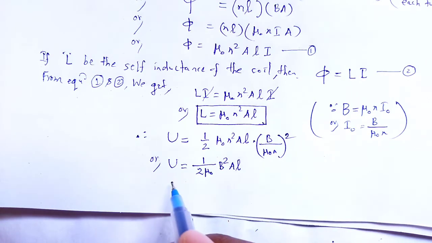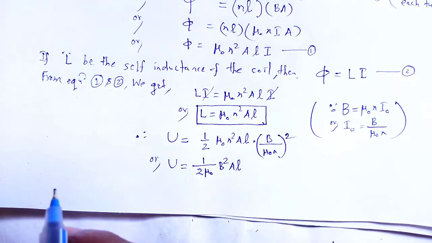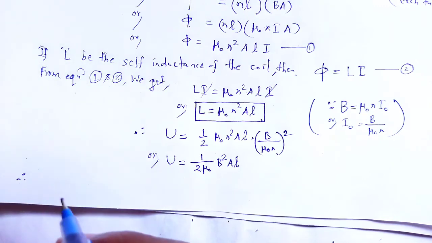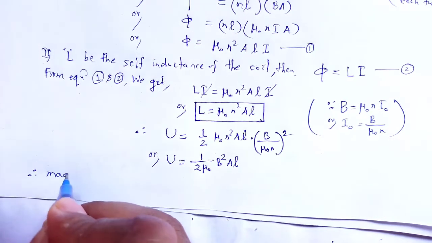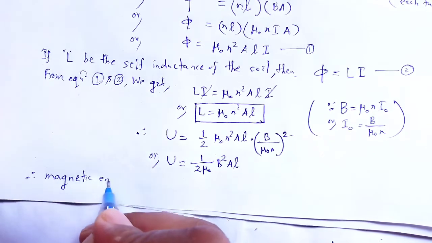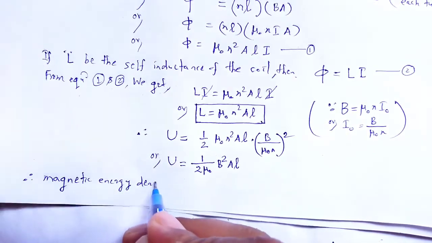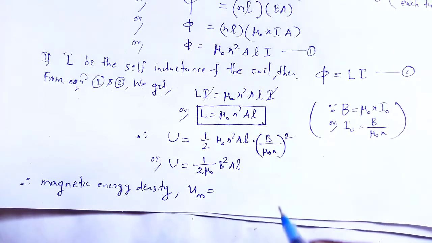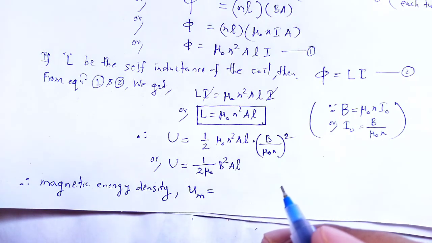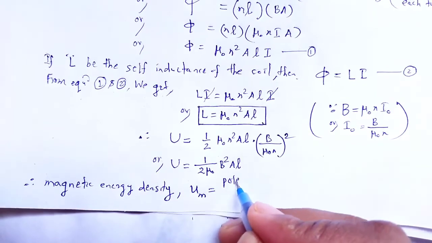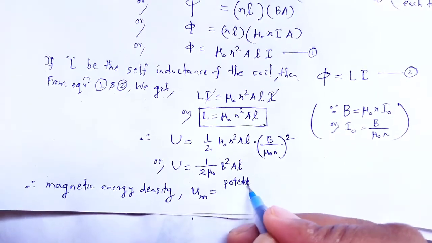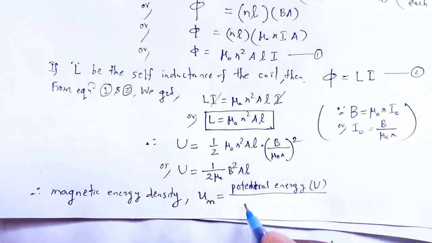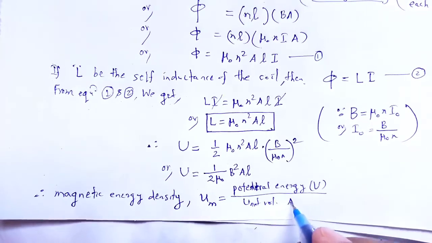Now the potential energy per unit volume, that is the magnetic energy density Um, is the potential energy U per unit volume, that is area into length.